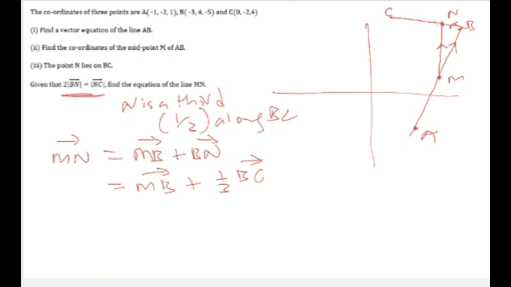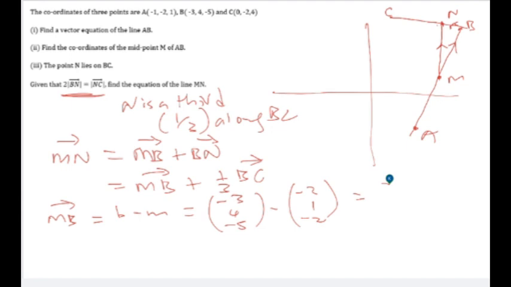So this will allow us to find the coordinates of N, right? So what is MB? We do that here. MB is equal to coordinates of B minus coordinates of M, which is going to be equal to minus 3, 4, minus 5, subtracting M, which is minus 2, 1, minus 2, and that will give us minus 1, 3, minus 3.